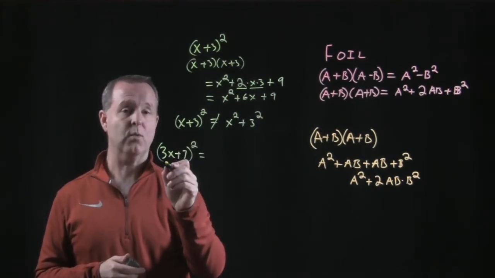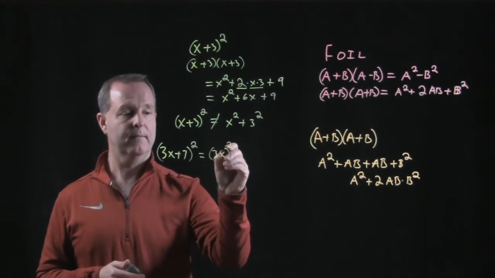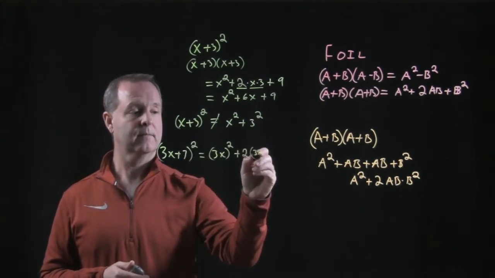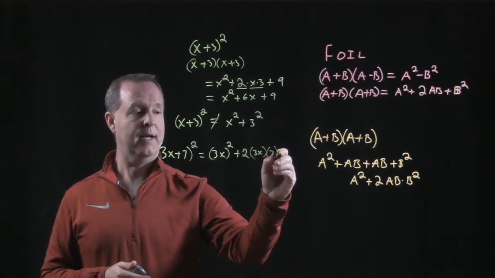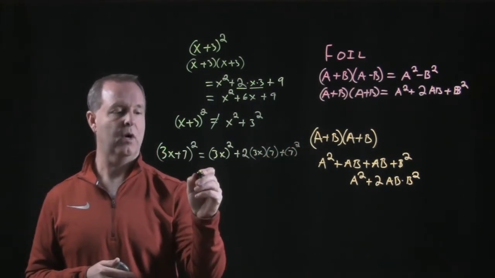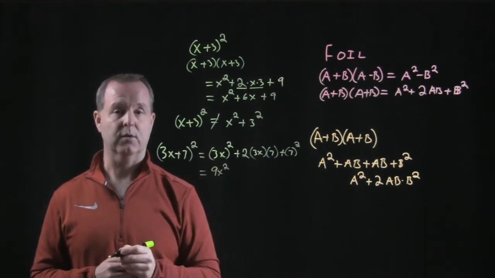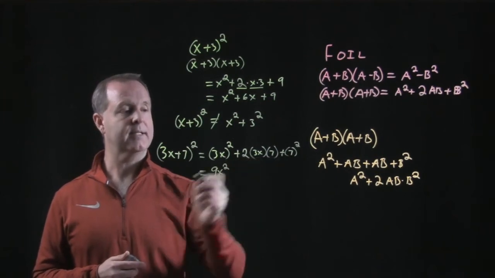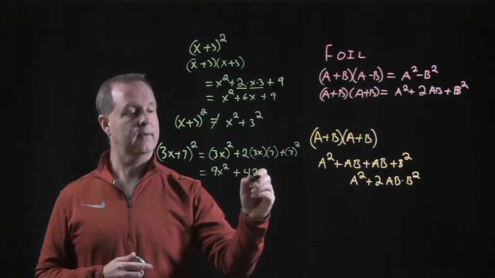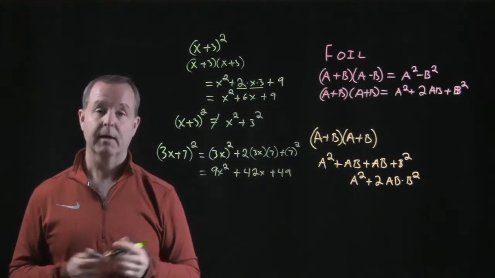So this becomes A squared, which is 3x squared, plus 2 times A times B, plus my B squared. Now let's just do our operations. 9x squared. You guys agree? 2 times 3x times 7, 6 times 7, 42x, plus 49. There you go.